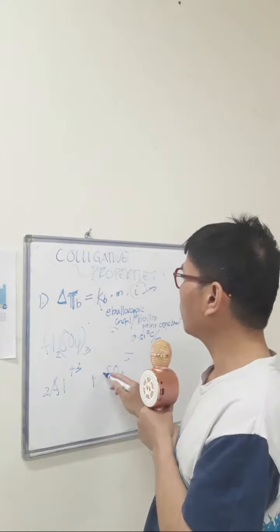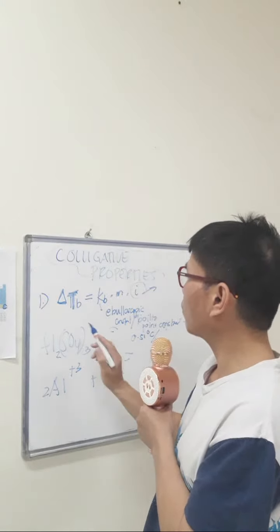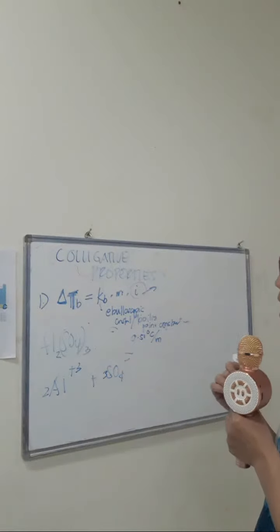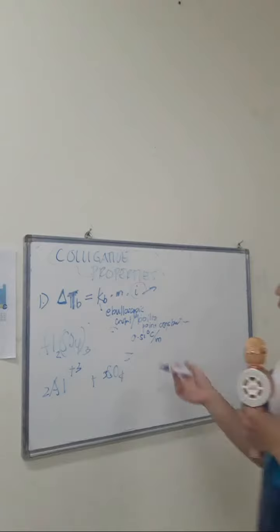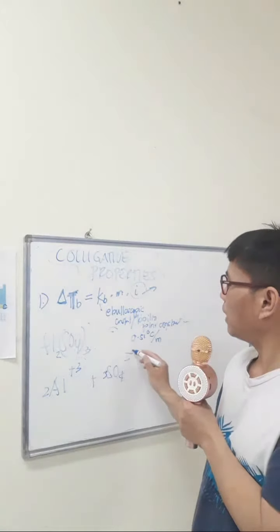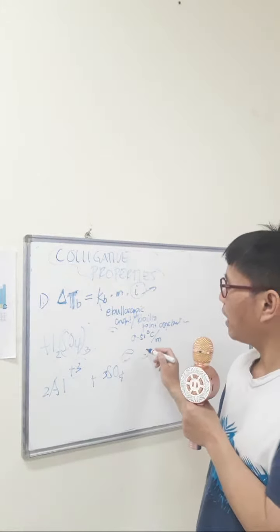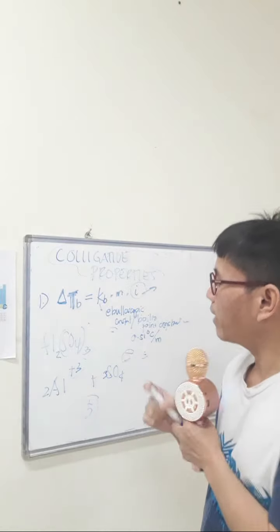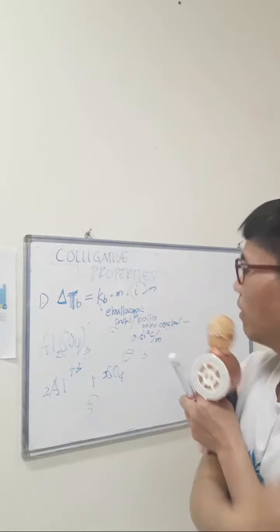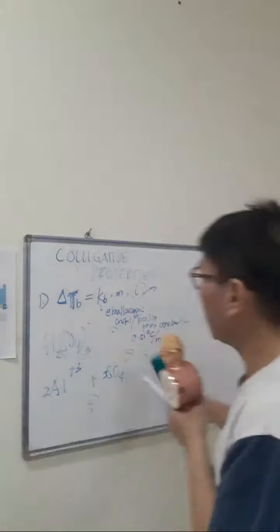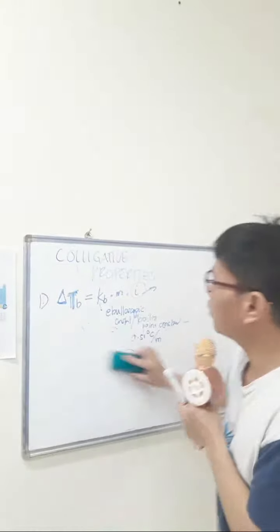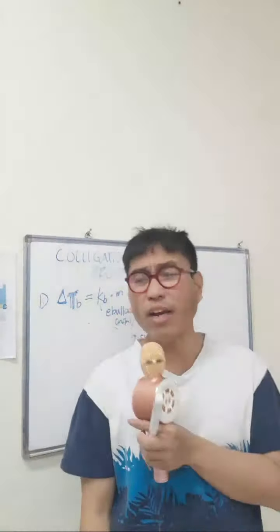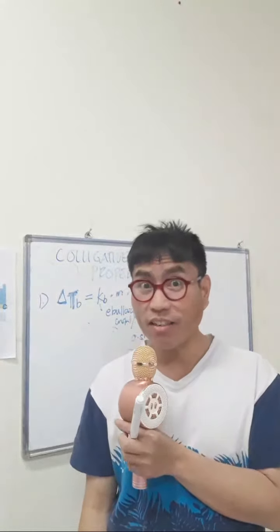So 2 aluminum, 3 sulfur, oxygen 12. Aluminum is how much? Add these: 3 plus 2 is 5. So the Van't Hoff factor is 5. What else? Shall we say potassium chloride, potassium iodide.